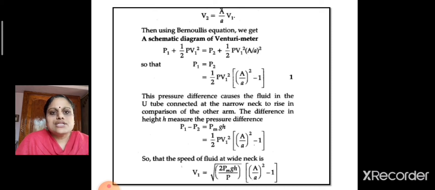Here, the height of the broader section and constriction is taken to be almost equal. Substituting for V2 from the above equation, we get P1 plus half rho V1 square is equivalent to P2 plus half rho into capital A divided by small a whole square into V1 square.